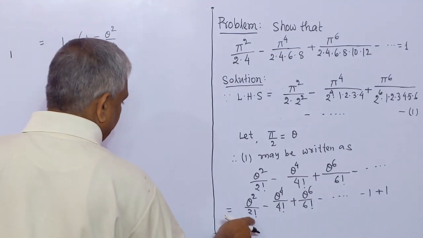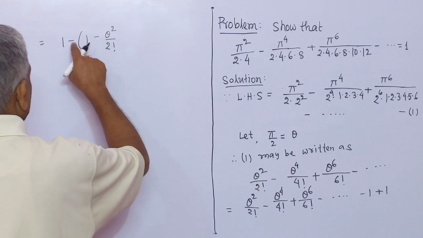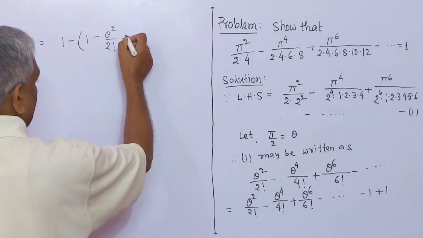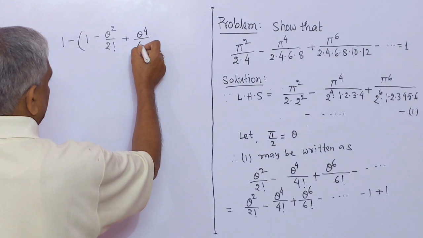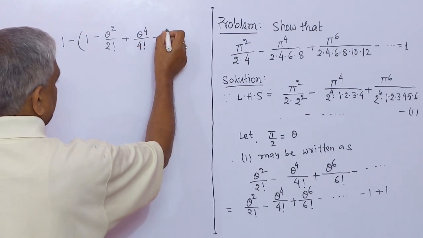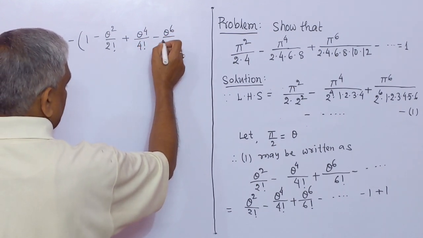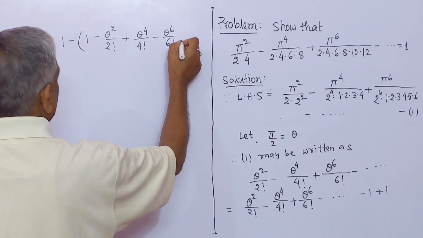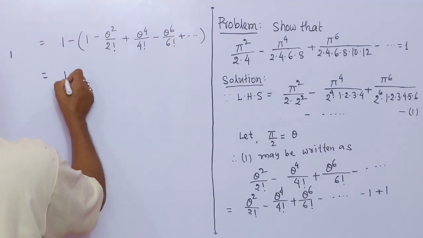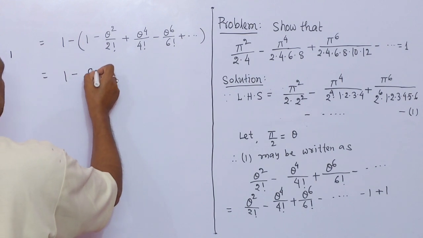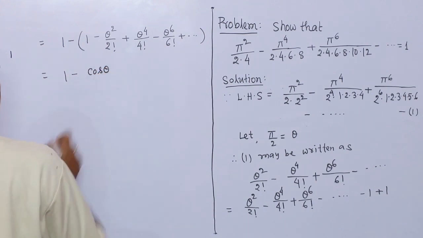Here theta square by factorial 2 is positive, here minus, plus theta to the power 4 by factorial 4 minus theta to the power 6 by factorial 6 plus dot dot dot. This equals 1 minus, this is cos theta.